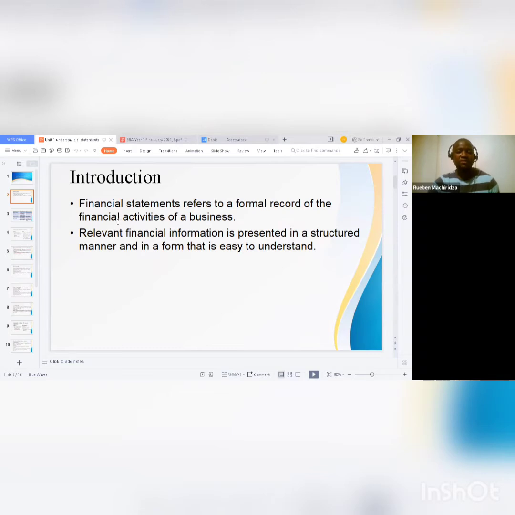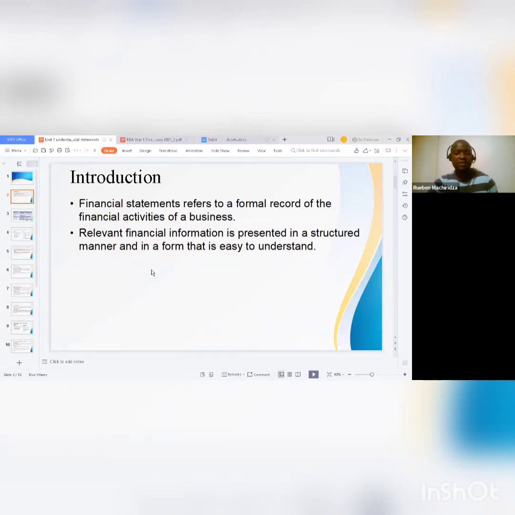The accounting profession requires us to record each and every aspect of financial activities. Each and every aspect of financial activities must be recorded, and when we record those aspects, we are putting them in the financial statements. The financial statements are presented in structures. We do not approach the financial statements from a random perspective.